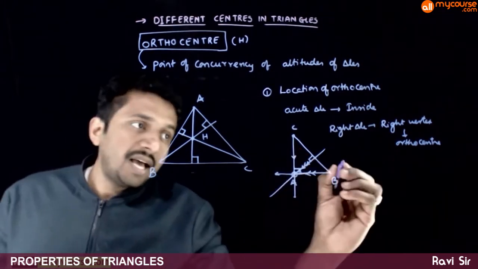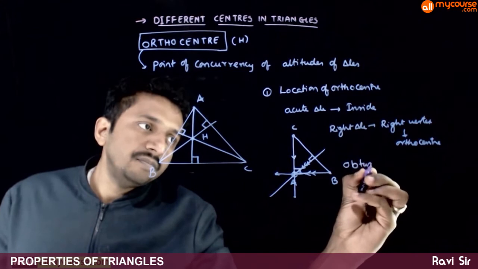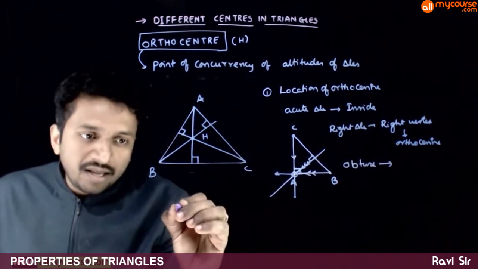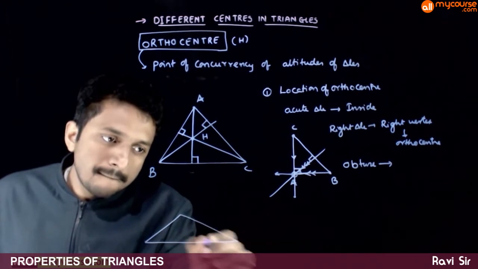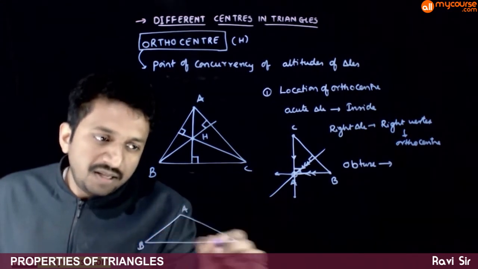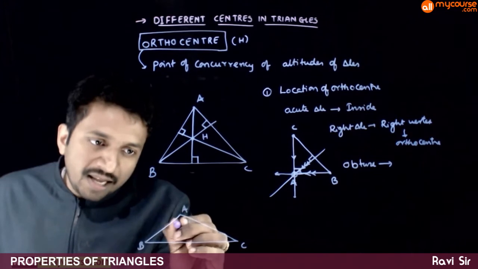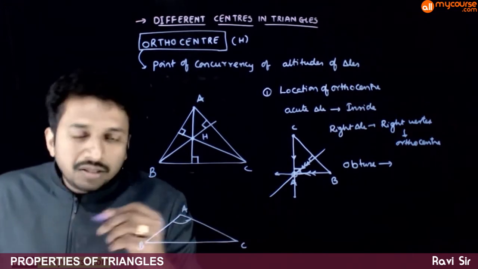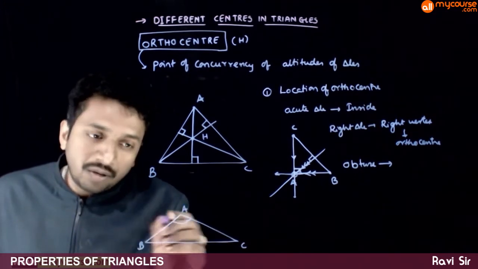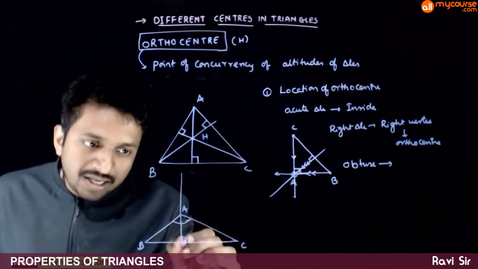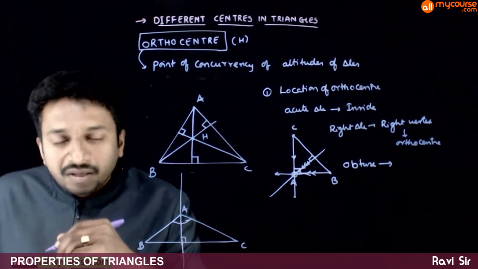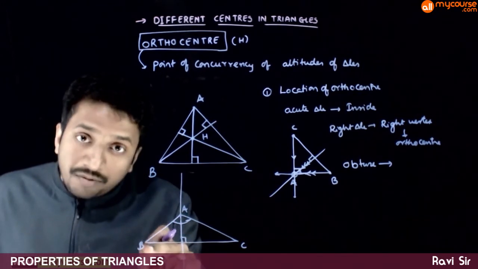And if you have an obtuse triangle ABC, let us say that angle A is obtuse. How does the orthocenter look? If you draw the altitude from A, it will be like this, and if you extend it, this is the altitude. Now how does the altitude from B look?